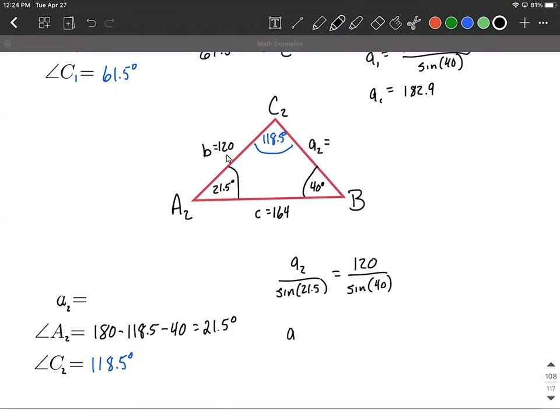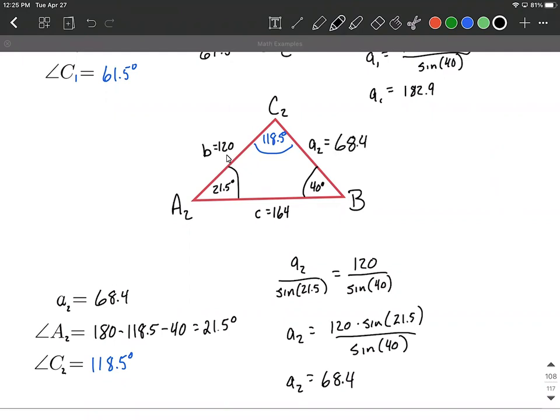A little bit of multiplying by that denominator to get A sub 2 by itself, and we'll get 120 multiplied by sine of 21.5 degrees over sine of 40 degrees. Make sure you're in degree mode on your calculator, and we should get A sub 2 is going to be 68.4. And that solves our second triangle.